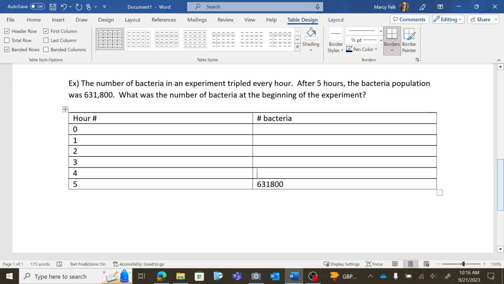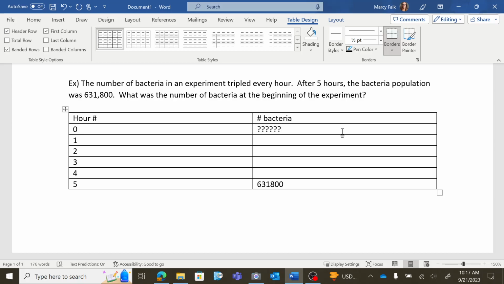This is what happened, and what I'm trying to figure out is this. At the start, at the 0 hour mark, what's the population of the bacteria? That's what we're trying to figure out. So we know it's tripling every hour. So whatever we were, it tripled. So how do we go back to what we originated with? What do you want to do? Divide by 3, divide by 3, divide by 3, divide by 3.